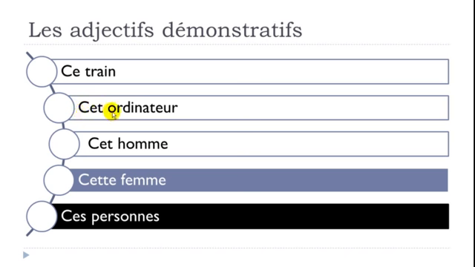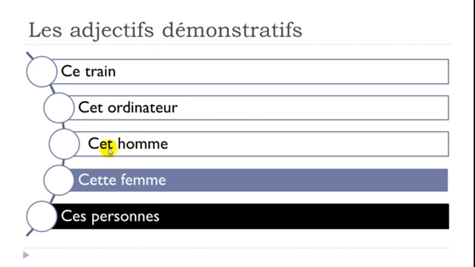so the masculine form, but the one that we use with the words that start with vowels, or then H plus voyelle. So cet ordinateur, this computer, cet ordinateur. And then here we've got the word homme, man, but then it starts with H, as in French H is not pronounced, so the first sound that we hear is O, and then it will follow the same rule.